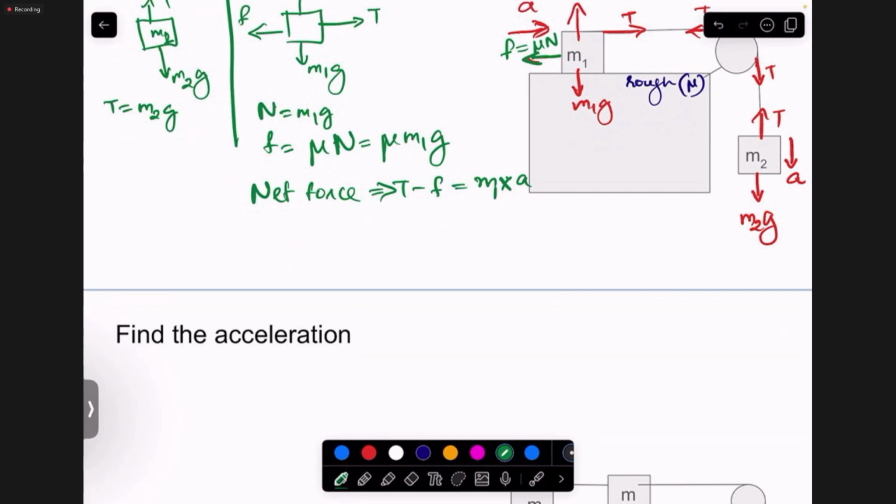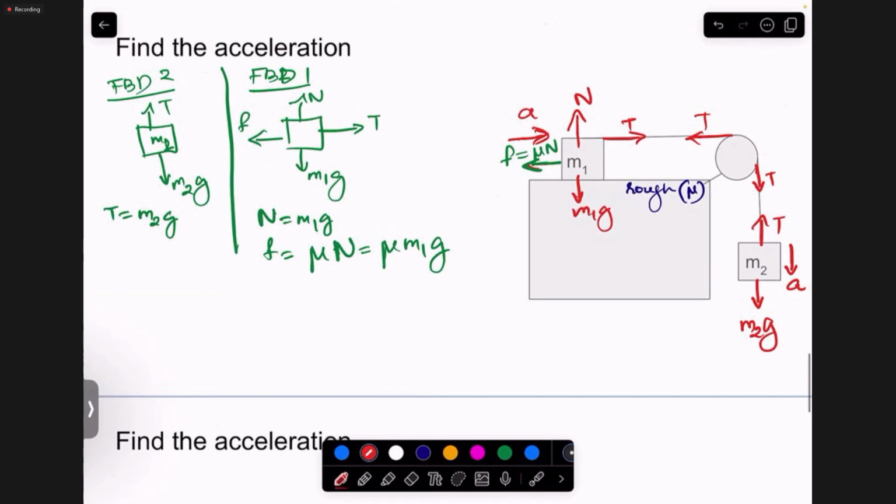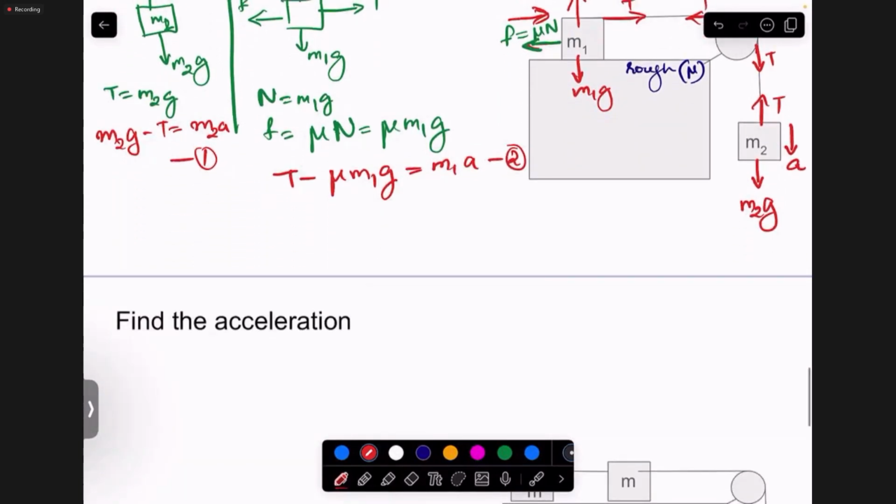Or in another way, you can form two equations. One is for block 2. Net force equals mass times acceleration, so M2g minus T equals M2a. That is equation 1. For block 1, it will be T minus mu M1g equals M1a. That is equation 2. Now you can remove T by adding the two equations.